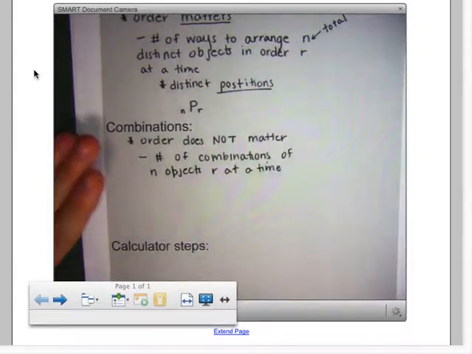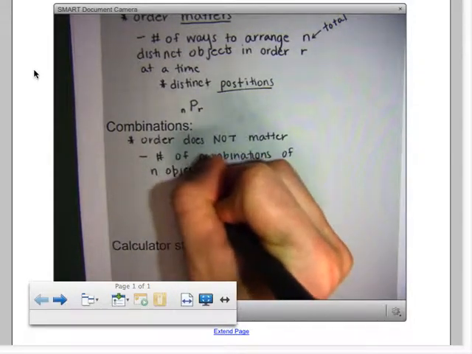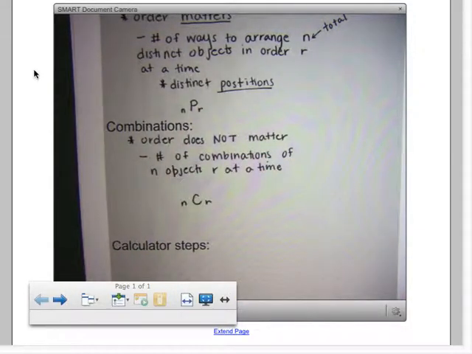So n and r mean the same thing. n is the total again, r is just what you want or what you're looking for. So since it's a combination, we have a small n, capital C, small r. So that's just the notation for it.